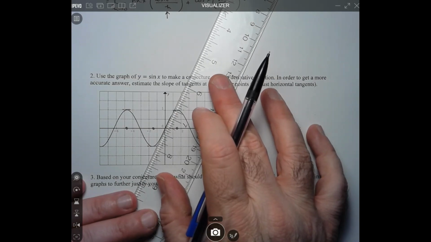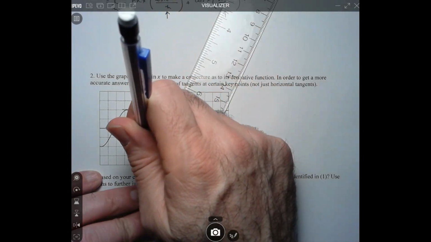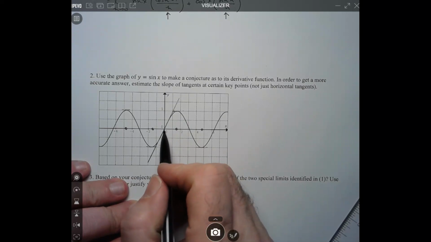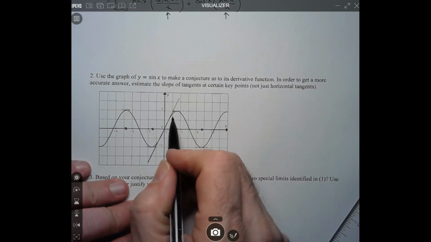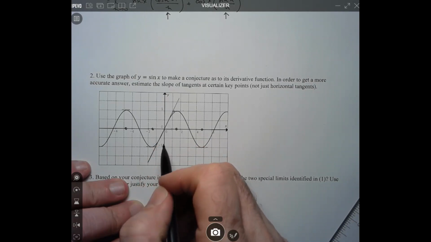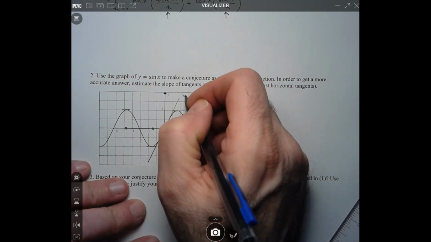Okay, so I'm going to try to draw as good a tangent as I can. So let's draw our tangent line here, and let's determine the slope. And I see here that it passes through 0, 0. As I move up by 1, the graph increases by 1. Notice that the scales are different here. So it looks like the slope here is equal to 1.